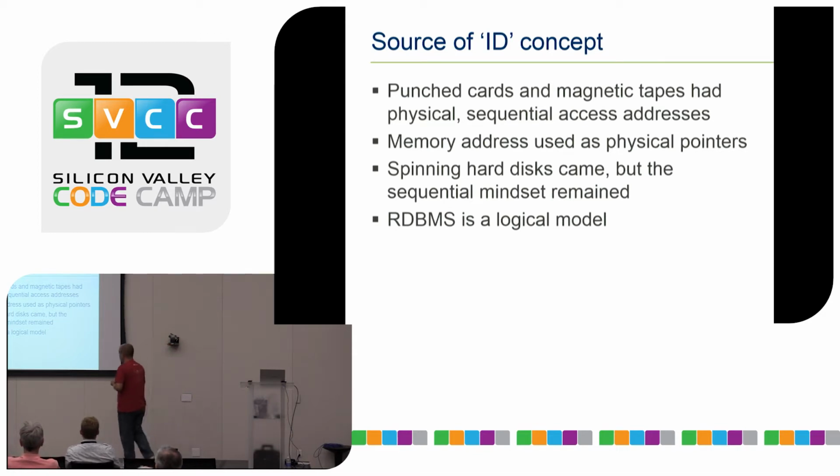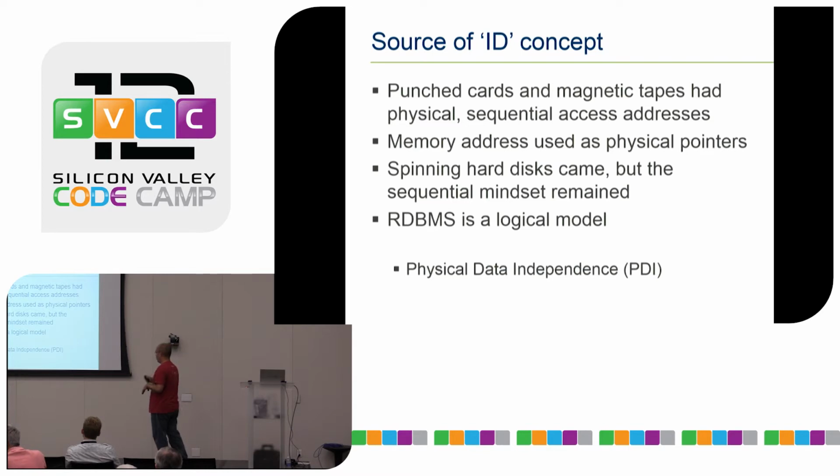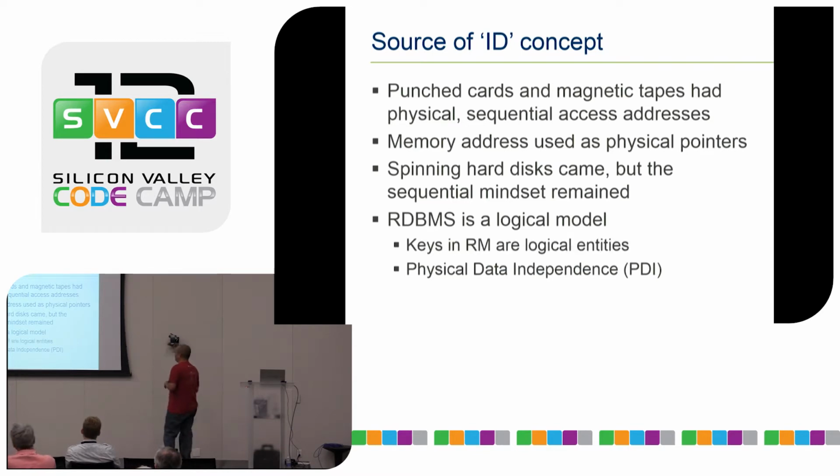Because it's a logical model, not a physical model, it has nothing to do with pointers or physical addresses. Actually, in RDBMS, one of the desired properties of a relational database is to be completely physically independent. So the logical model and the physical model ideally would be completely separate. Unfortunately, they're not. That's PDI, physical data independence.